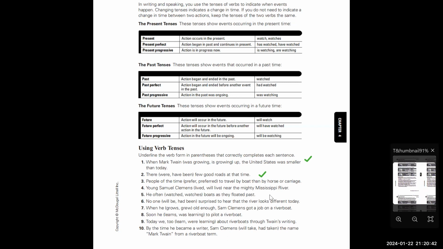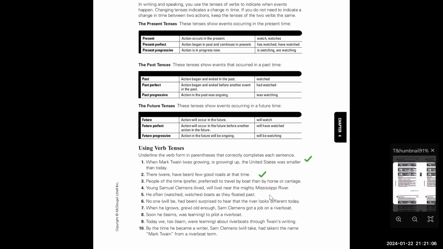At first you would think it might be "watched" because there's "floated," right? But the clue there is "often," and you will use the present, like it says here, the action occurs in the present. When will you use the present?